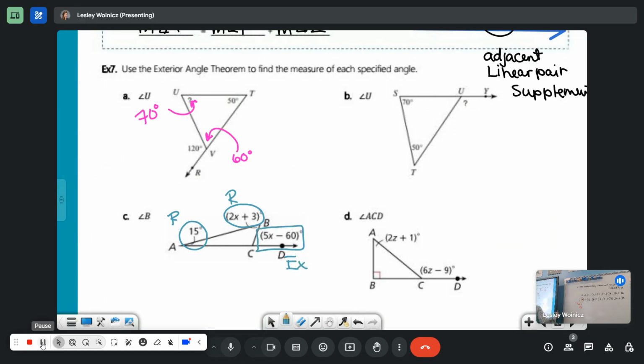So what do we know about the sum of the remote interiors? Yeah. So I know that 2x plus 3 plus 15, here's one, here's the other, has to add up to 5x minus 60. Okay, then we can obviously solve for x.